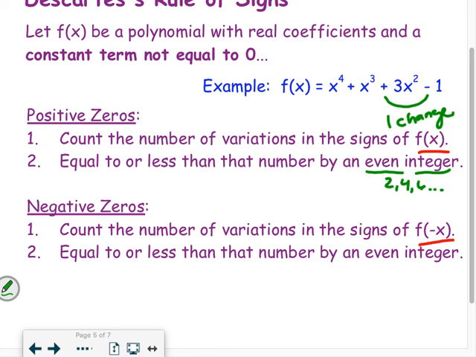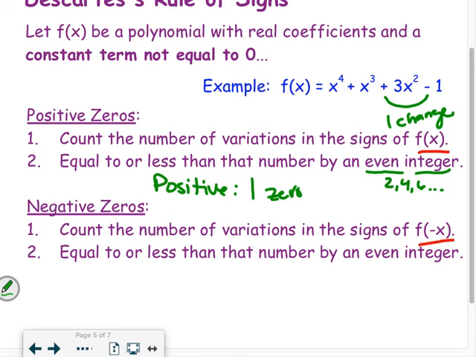So 1 minus 2 would be negative 1, and it wouldn't make sense for there to be negative 1 positive real zeros. It's either 1 or none. And none is not an option because it's not less than that by an even number. So I now know there is one positive zero. There absolutely has to be one positive real zero for that function.